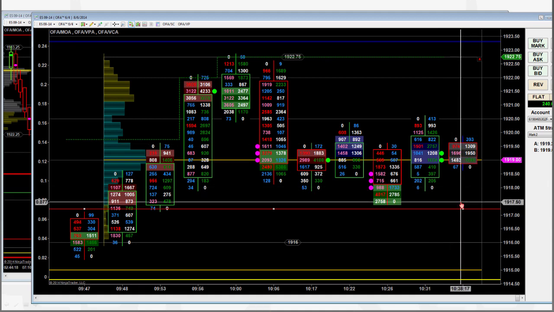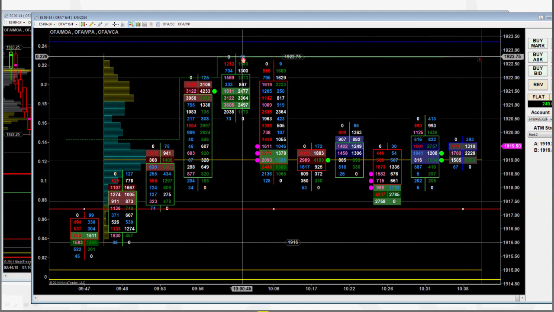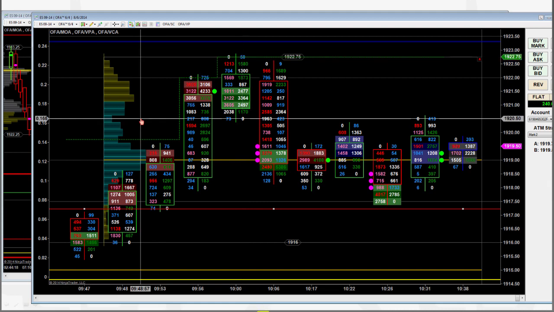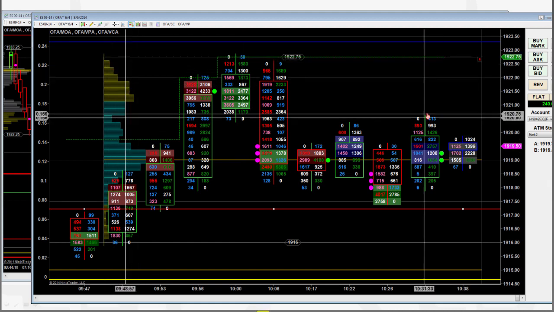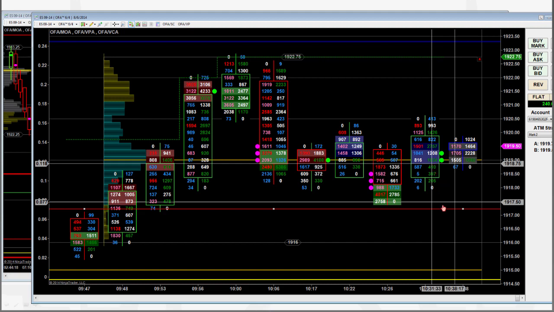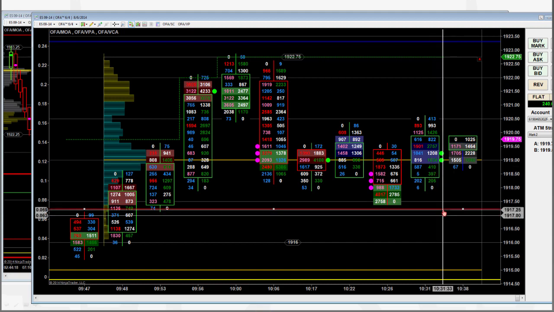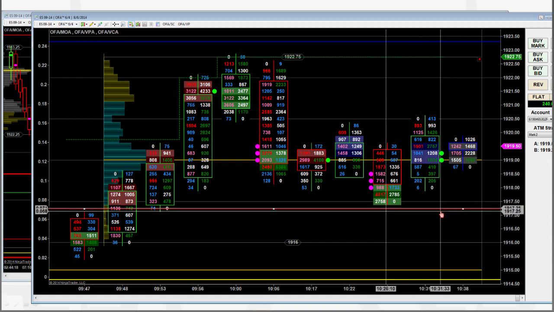For me to accept a long now, and this could still work out as a long, price would have to come back down to 17, and I'd need to see absolute weakness at the bid and strength at the offer. That's a trade I've been waiting for. If I look at the overall market here, I don't have an intraday low volume area right there, but it's a long-term low volume area.